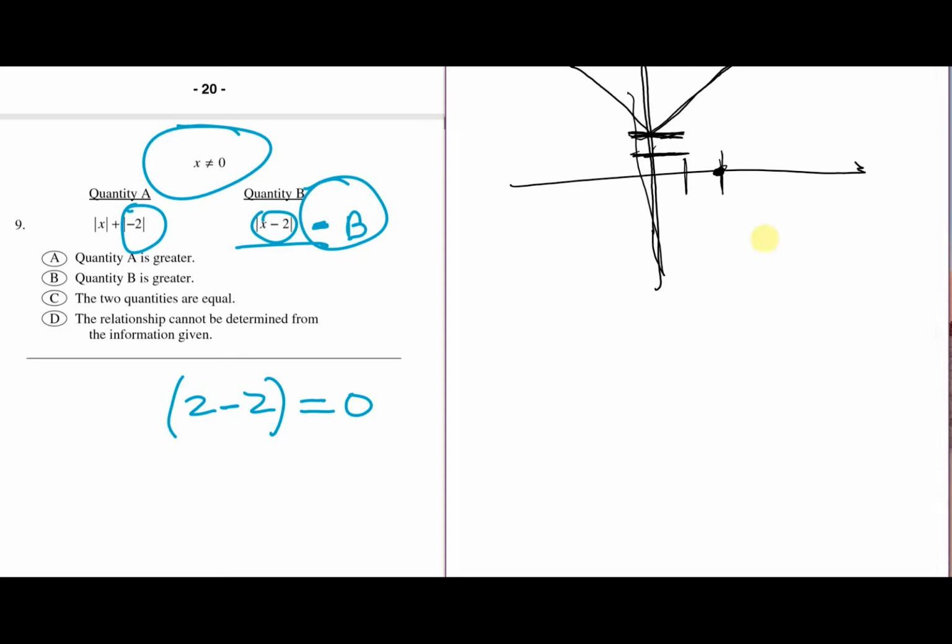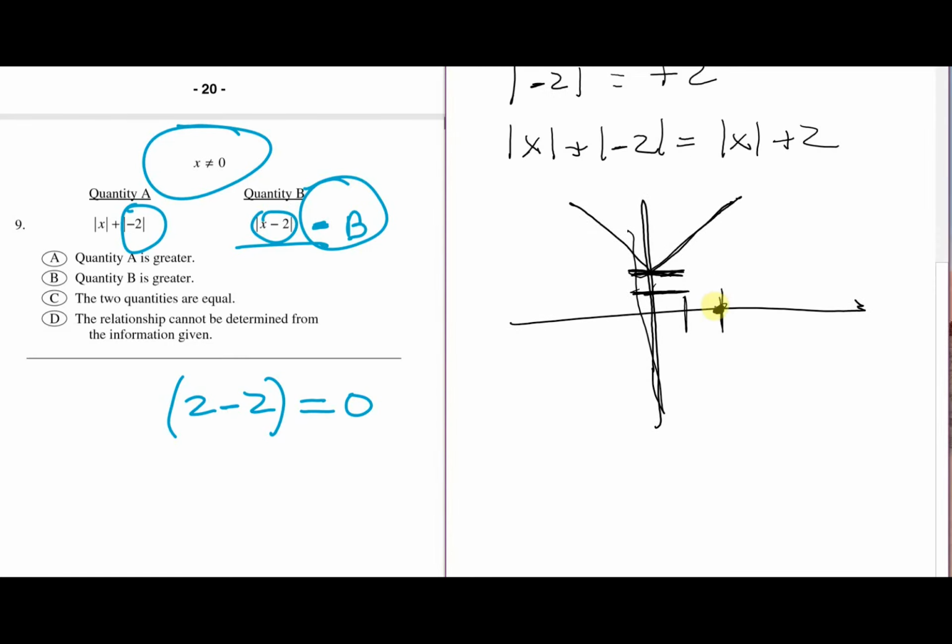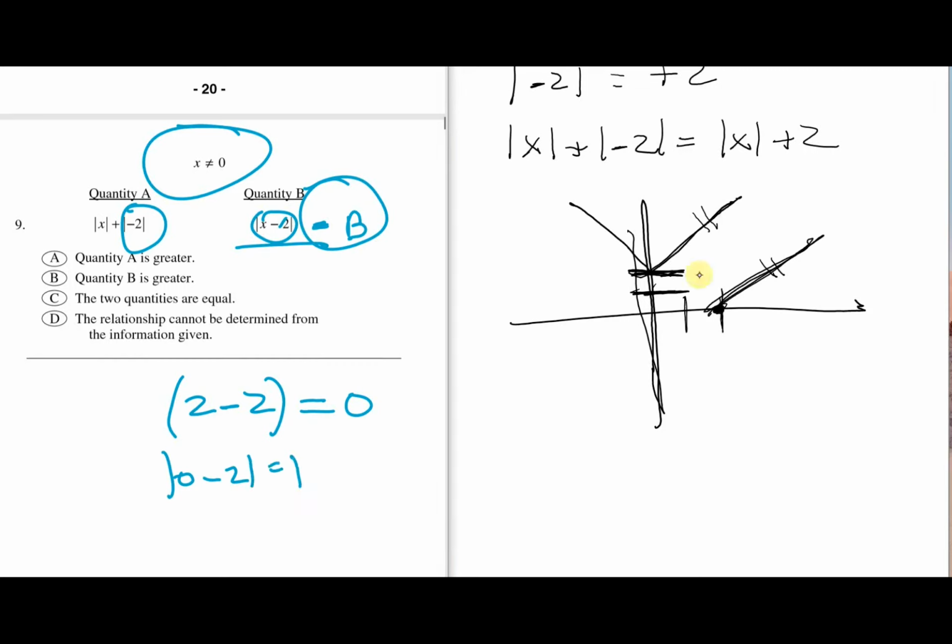So we're taking the absolute value function, and these are parallel lines. If you plug in 0, the absolute value of 0 minus 2 is absolute value of negative 2, which is positive 2, right here. It's the same point. So actually this projects.